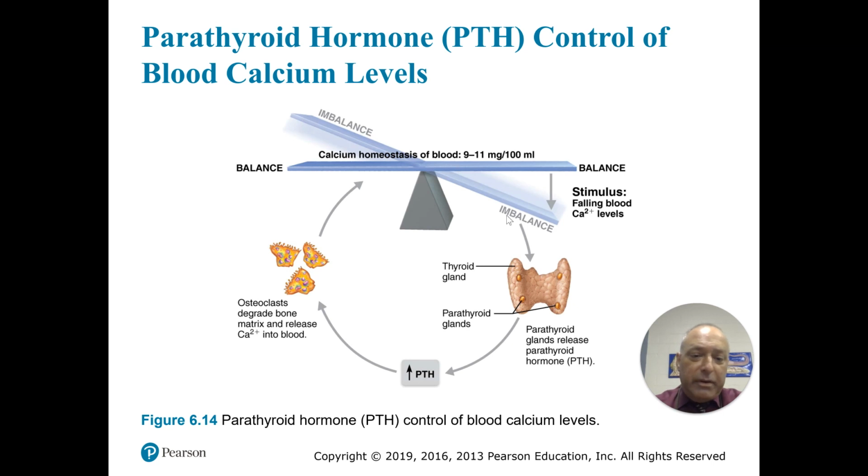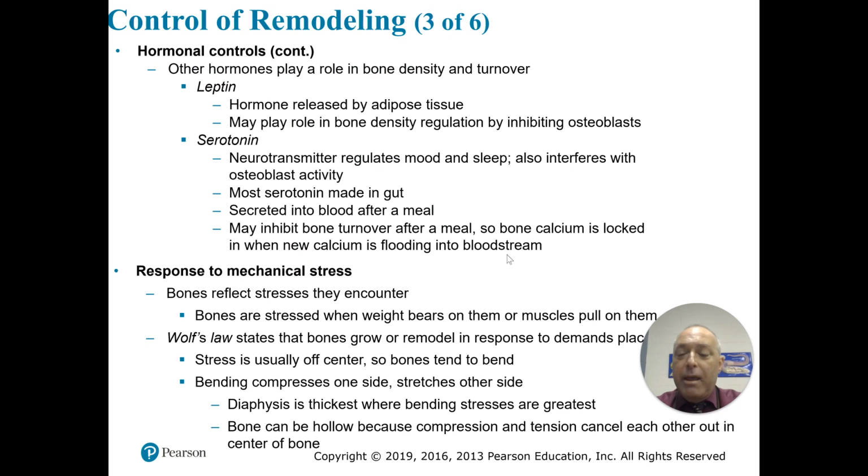And so if there is an imbalance, falling blood levels, the parathyroid gland is going to release parathyroid hormone, which is going to go into the endocrine system, circulate, reach the osteoclasts and promote osteoclastic degradation of bone matrix, releasing calcium into the blood. This is going to raise calcium back up to its set level and turn off parathyroid hormone.